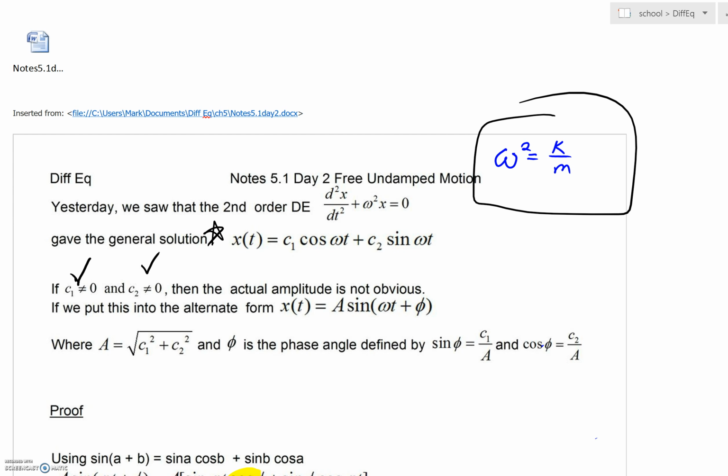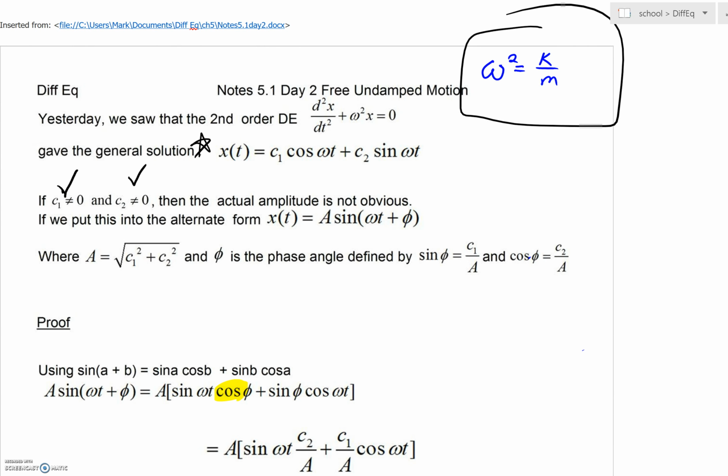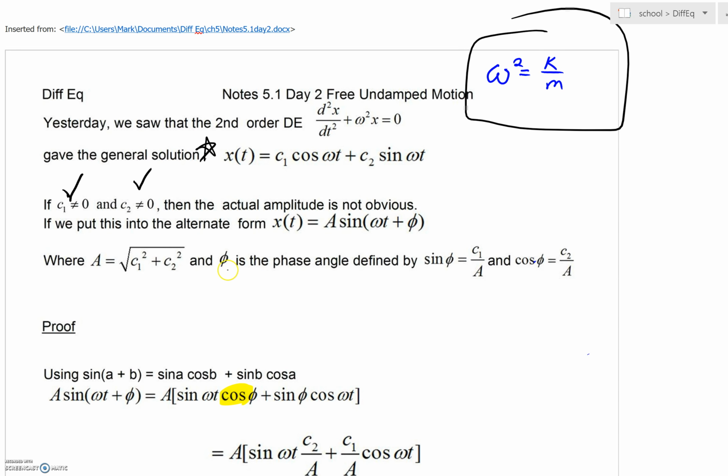Obviously adding a cosine and a sine wave together, we don't know what the actual amplitude would be right off the bat. But there is a wonderful alternate form that we can arrive at, where x of t would be A sine of omega t plus this Greek letter phi. Phi is the phase angle.